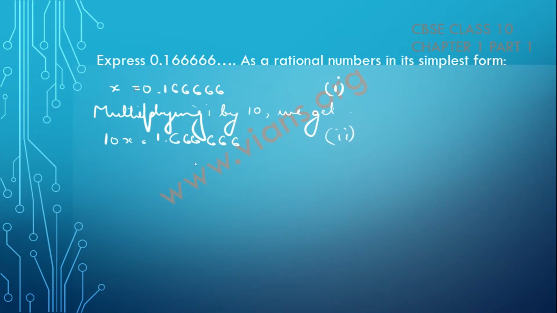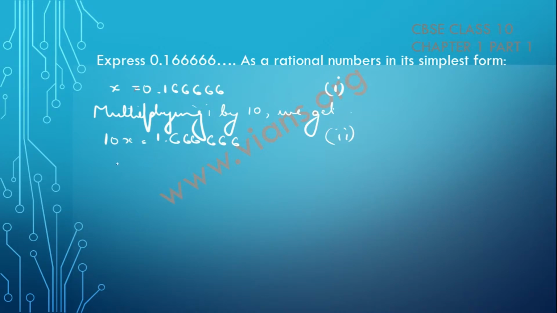Now basically, we need to subtract one non-terminating number from another non-terminating number with the same digits in the decimal places, so that we would get a whole number or something in a terminating form. So for example, if I do 1.666 minus 0.16666, it'll be 1.5, right?